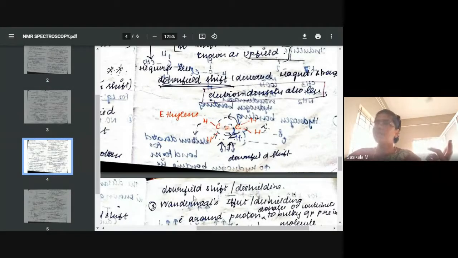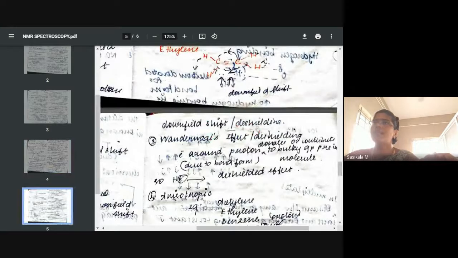So the shift occurs towards downfield. So hydrogen bonding causes a de-shielding effect, since it requires less magnetic strength, as the electron density is reduced when electrons are contributed for hydrogen bonding. Okay. And the third effect is van der Waals de-shielding.